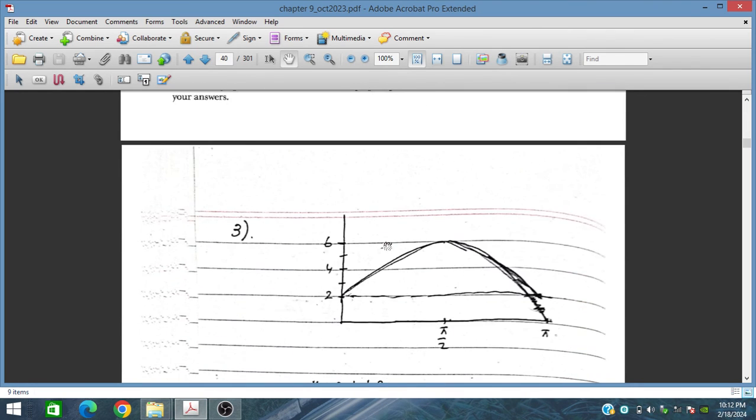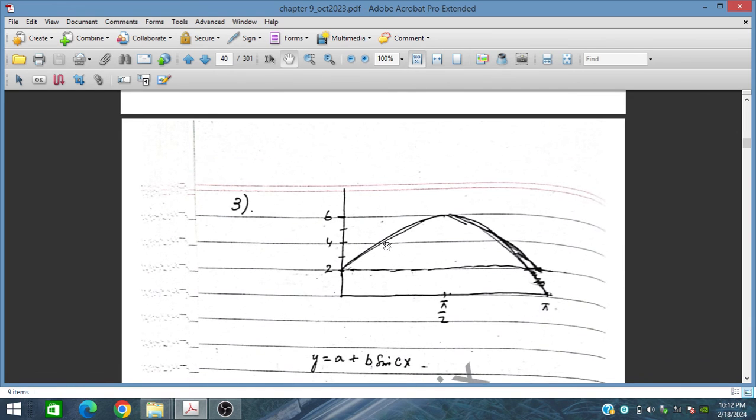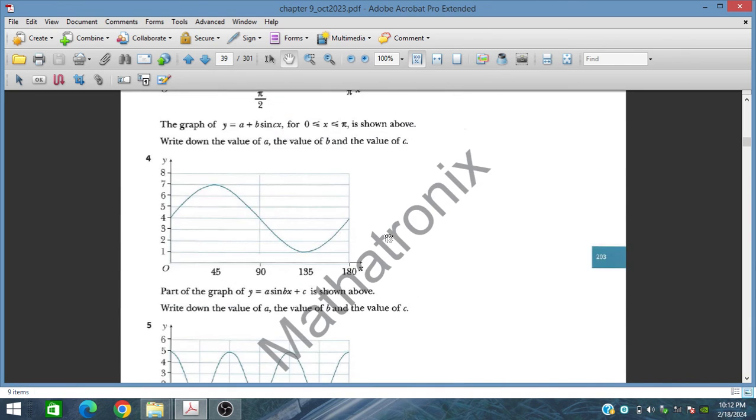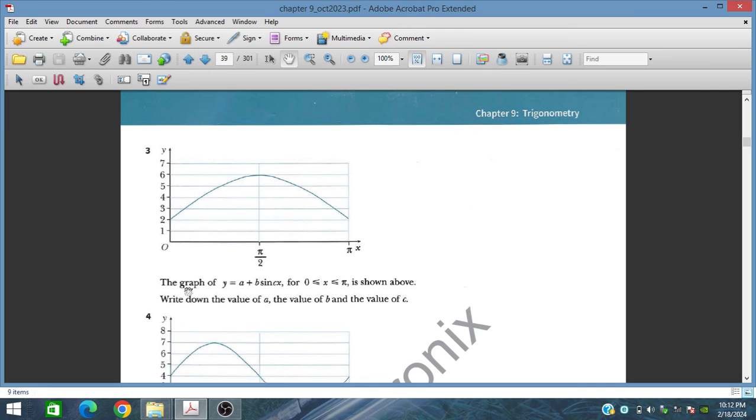This is question number 3. The graph of a sine function with A, B and C is shown above. Write down the values of A, B and C. This is simple because we already plotted these. A is basically the intercept value.